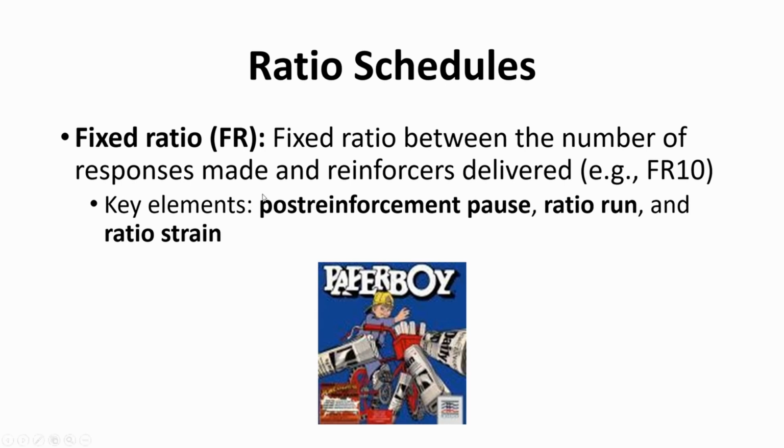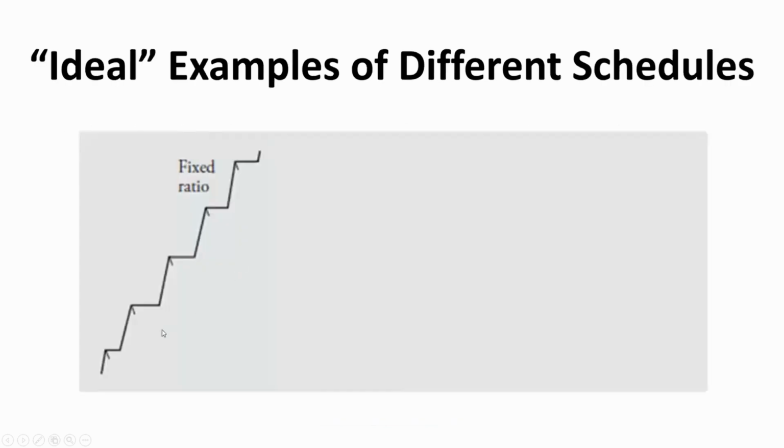And we have some key identifiers that are very closely related to this fixed ratio setup. I'm actually going to flip to the next slide so that we can see them on one of our graphs here. This is that cumulative record that I was talking about, where we would be seeing rates of responding. On these, a little tick mark indicates each time that reinforcement has been delivered.